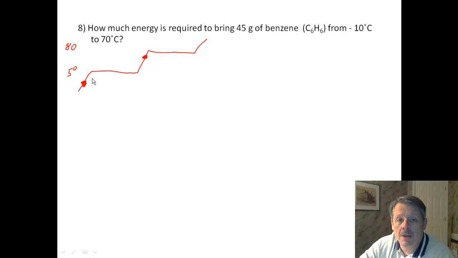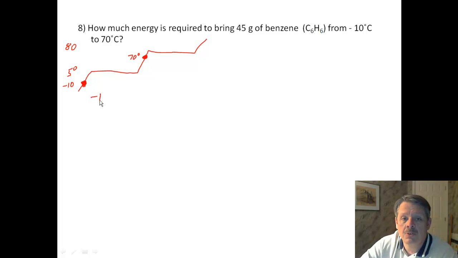So we have 3 steps where we're heating up a solid, and we're starting at -10, and we're going all the way up to 70 degrees. Right. So the first step we're making is from -10 up to 5 degrees. Then at 5 degrees, we melt.